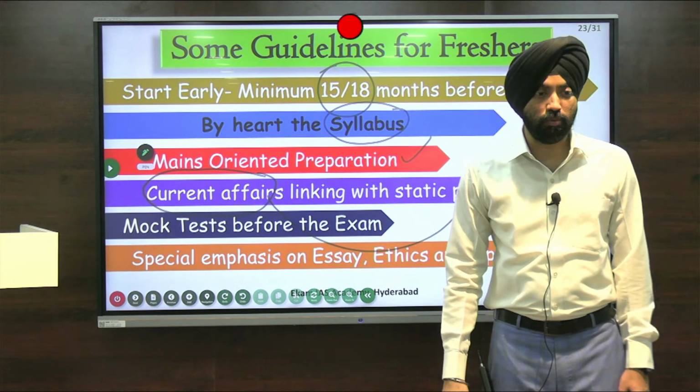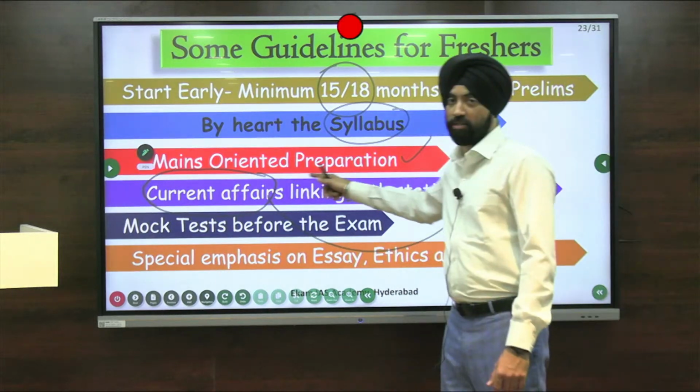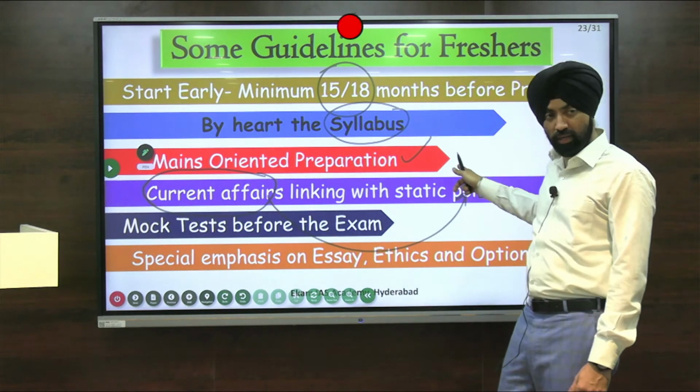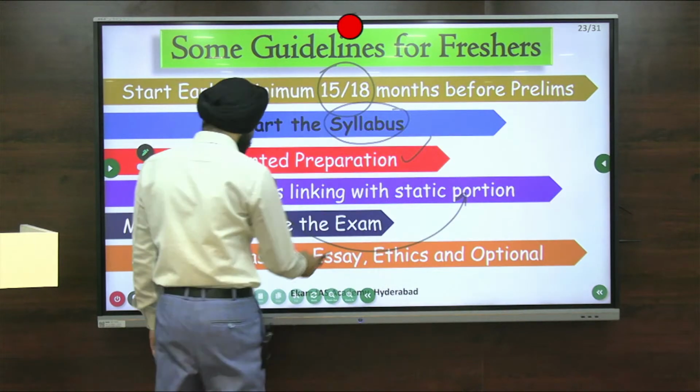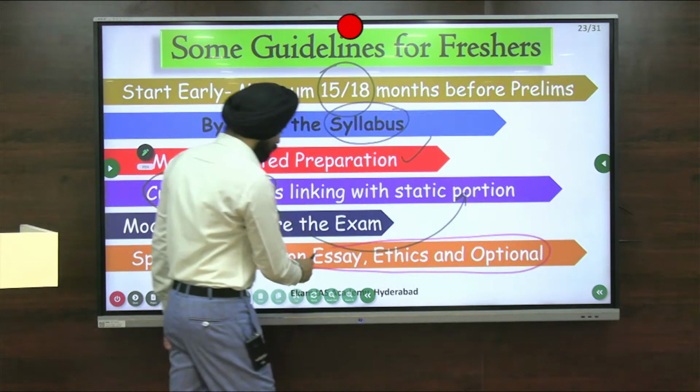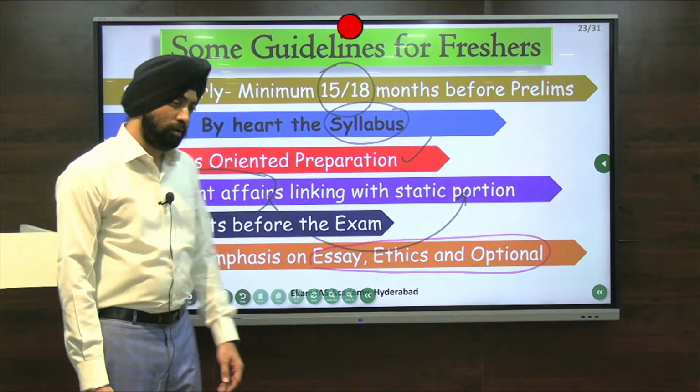That is when you will know why I am reading this current affairs: because it is part of my static preparation. Mock test before the examination, and as I told you, special emphasis on these 3 dimensions is a must.